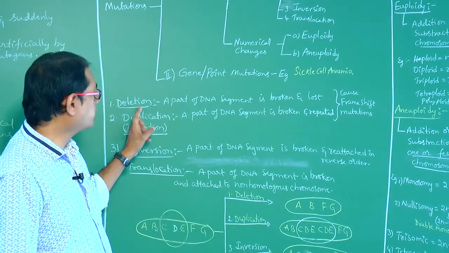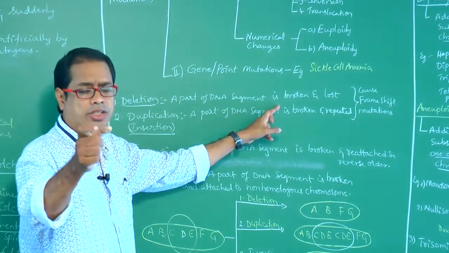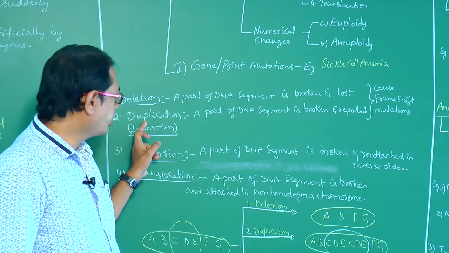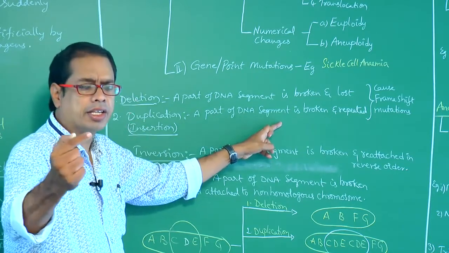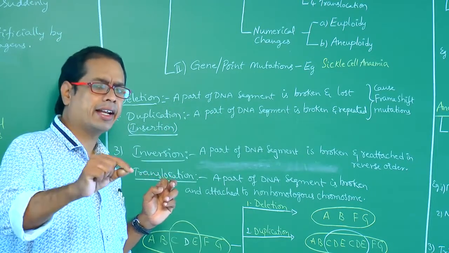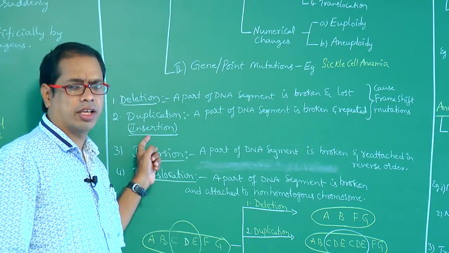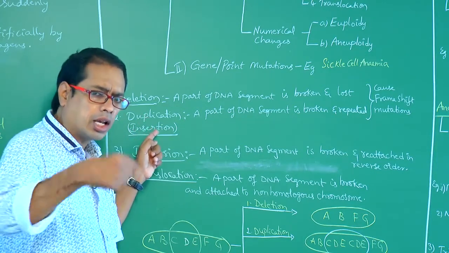See, what is deletion? A part of the DNA segment is broken and is lost. Duplication: a part of the DNA segment is broken and is repeated. If any nucleotide is added, it is so called insertion. A slight difference is there between these two. Duplication means repeated.